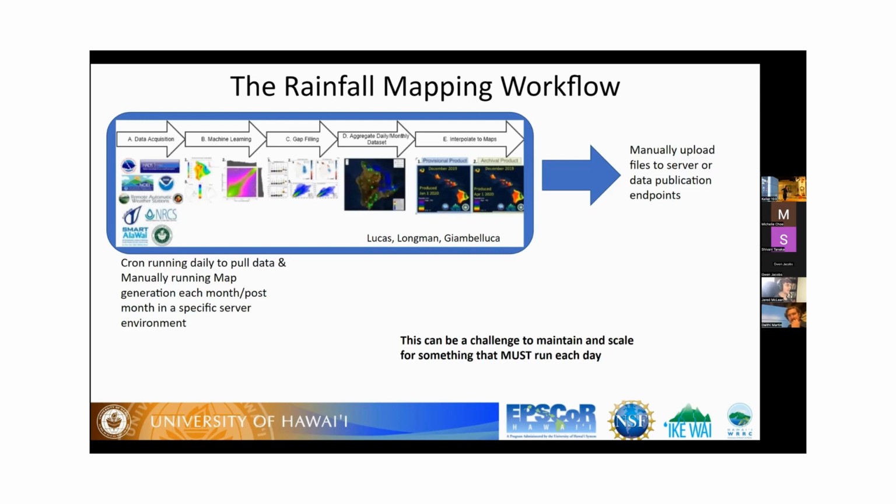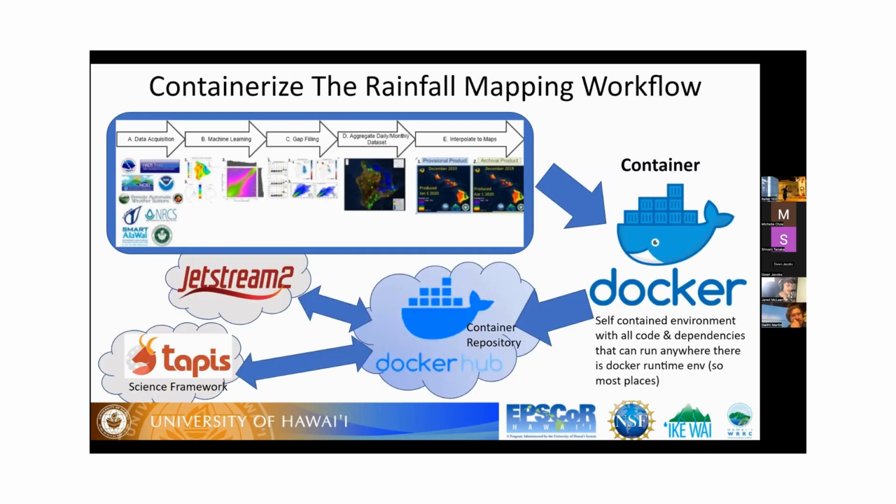So for this specific mapping workflow, we have data acquisition, a machine learning system that takes all of the data and does QA, QC processing, performs gap filling on the data, aggregates all of the information, and then interpolates the data from various sensor station points into cohesive maps that provide rainfall or temperature data for every grid point across the state. So yeah, there's a lot of moving parts.